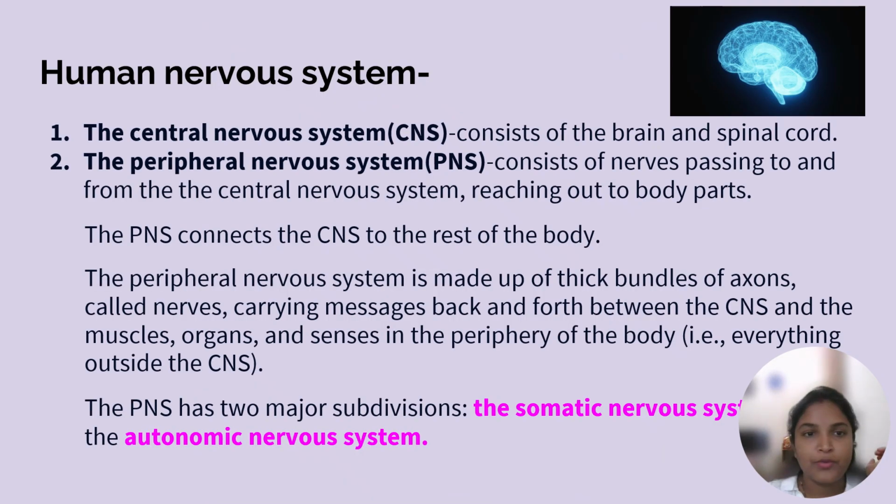Let's move on. If I go into detail, what are the central nervous system and peripheral nervous system? We learned that the central nervous system consists of only the brain and spinal cord, but the peripheral nervous system has something more.